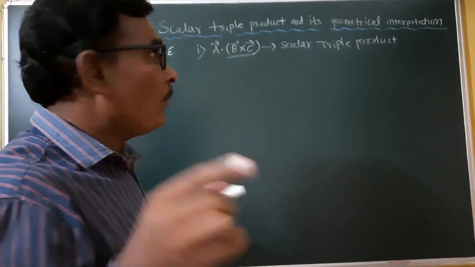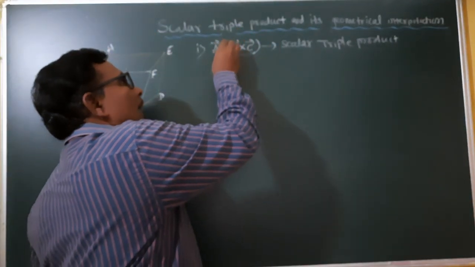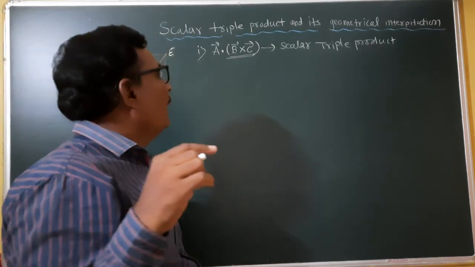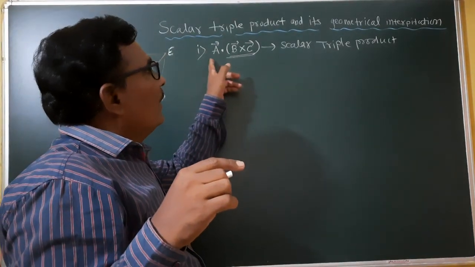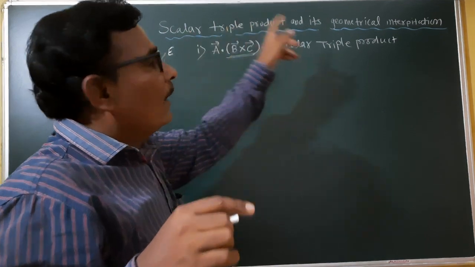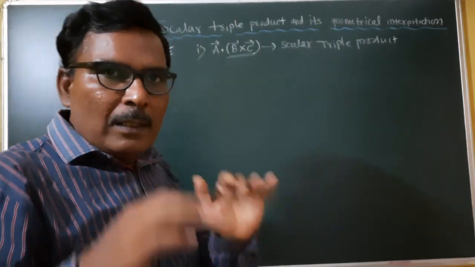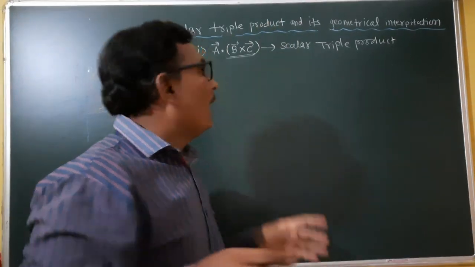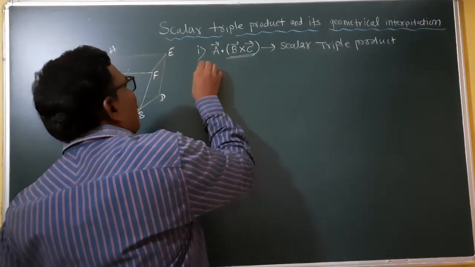If these two vectors are multiplied by a third vector with a dot, then it is called a scalar triple product. Triple products are of two types: one is called the scalar triple product and another is called the vector triple product.